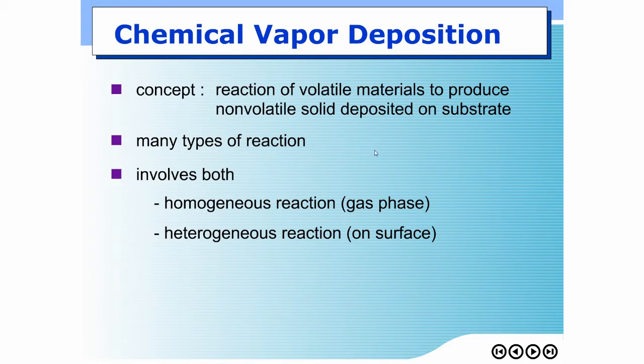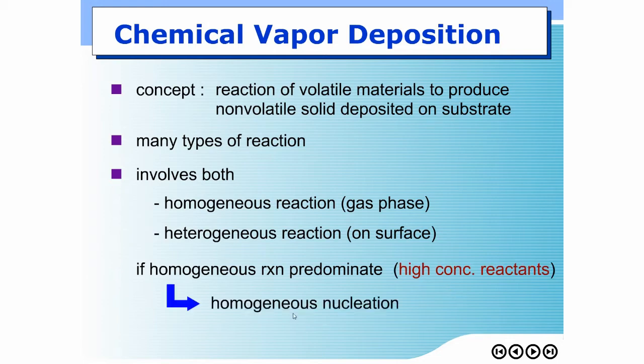So in order to get good quality film, you want to somehow deviate this route toward heterogeneous reaction as much as possible and in a controlled manner. Because if homogeneous reaction is dominating, then you get particles in vapor, and those particles would eventually drop down onto the surface, making impurities on the surface, and the quality of the film would be poor.